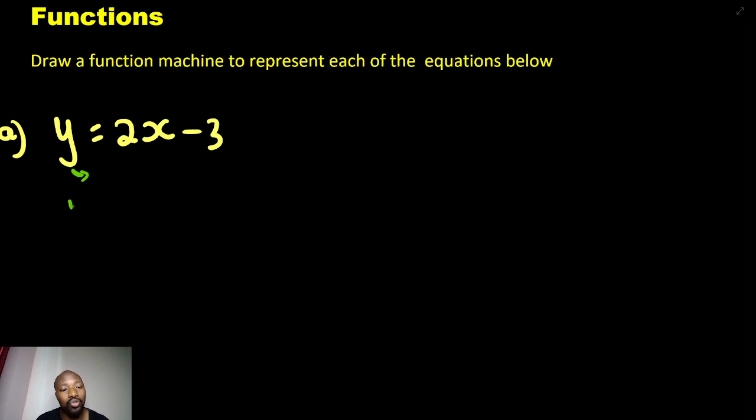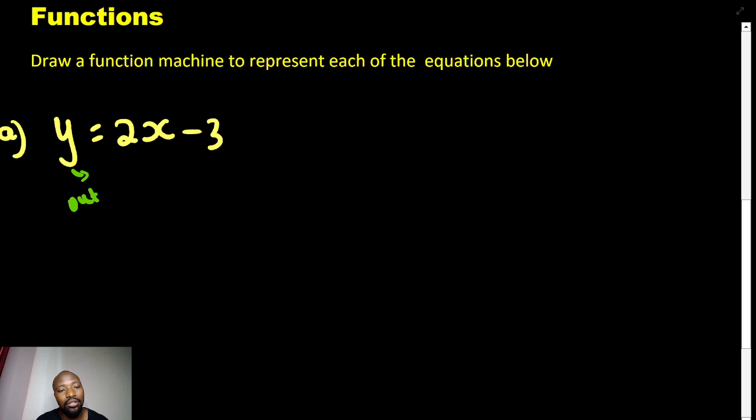So the answer is always called the output. And x, for this case, is the input because it's the only unknown that we have. And then the operation that we have here is multiplication by 2 together with a subtraction of 3.